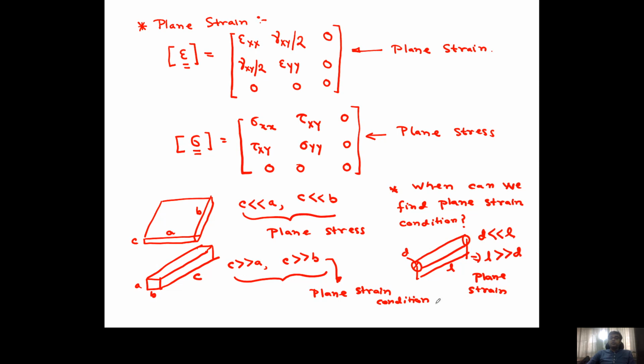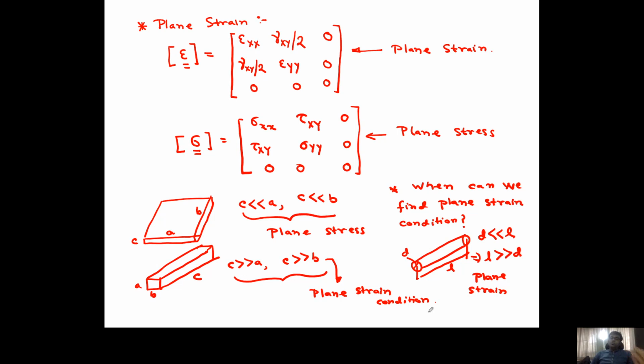But again, a word of caution, only having one dimension significantly larger will not give you a plane strain condition. It also depends on the boundary condition and the loading condition.